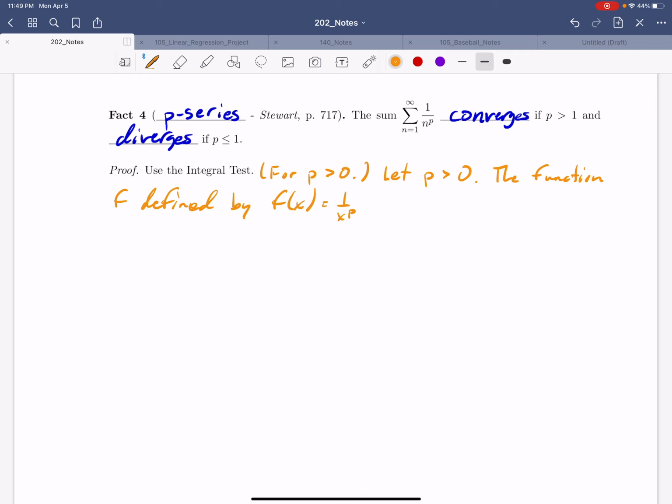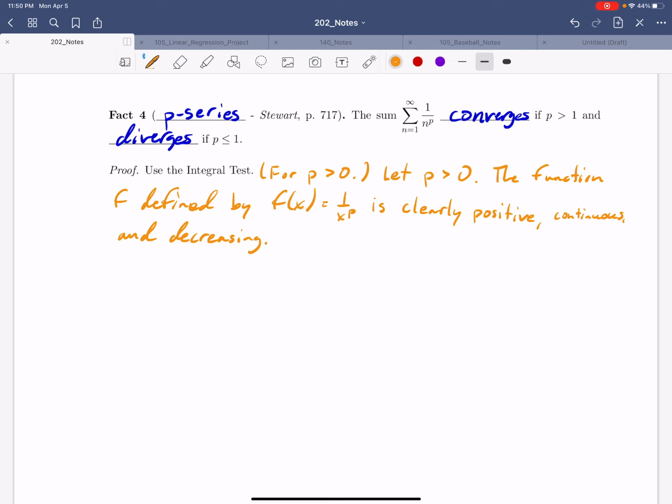We call it a function f of x, right? It is clearly, I think it's pretty clear, positive, continuous and decreasing. Again, this is true only when p is greater than 0. So you can think about why that's not true when p equals 0 or is less than 0.